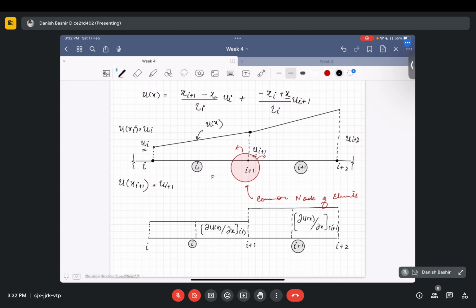This derivative of this trial solution is very important because most of the times we require this first derivative in computing other quantities. You might be having a question, what is the example of that? Like in the last class I showed you, we computed the displacement at a node. Then we needed to compute the strain. So the strain is the first derivative of the displacement with respect to x.